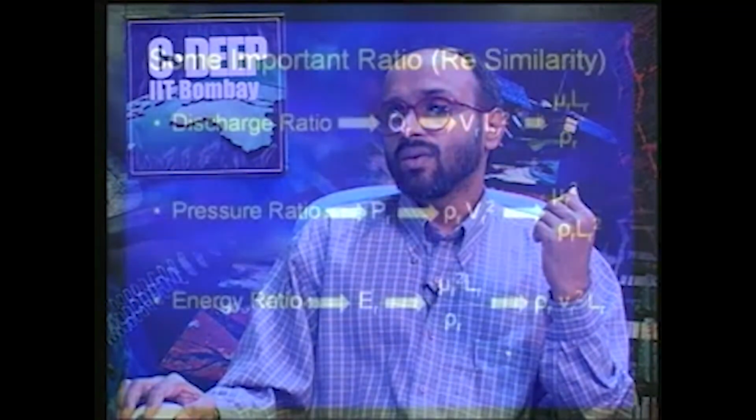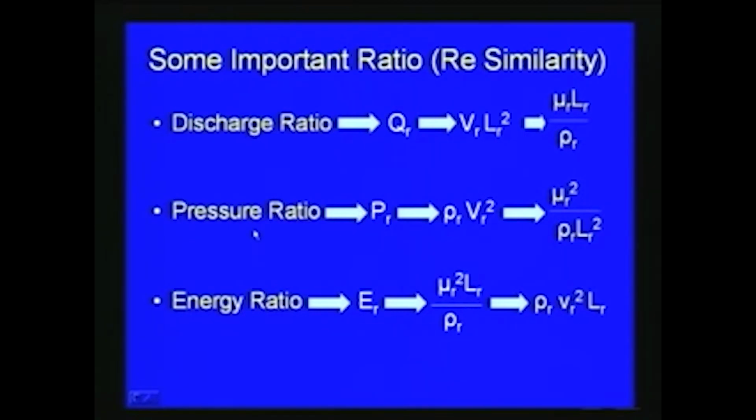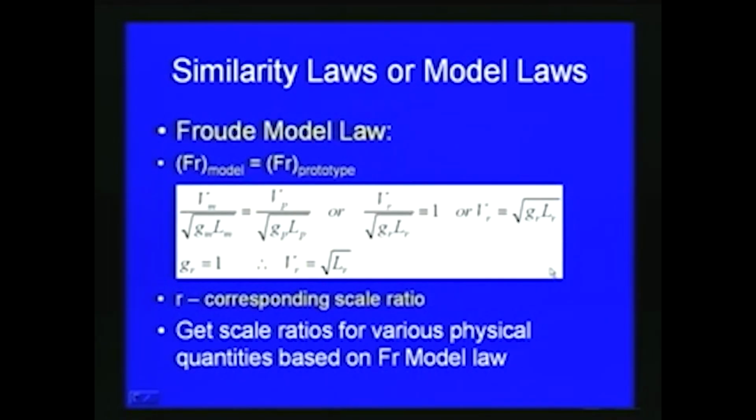Correspondingly, the Reynolds similarity will be met. So, this is with respect to the Reynolds similarity. Here only a few parameters are listed, but in a very similar way other parameters can also be derived and expressed as ratios with respect to the Reynolds similarity.